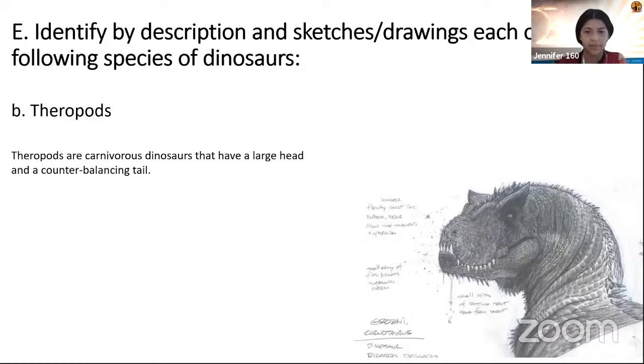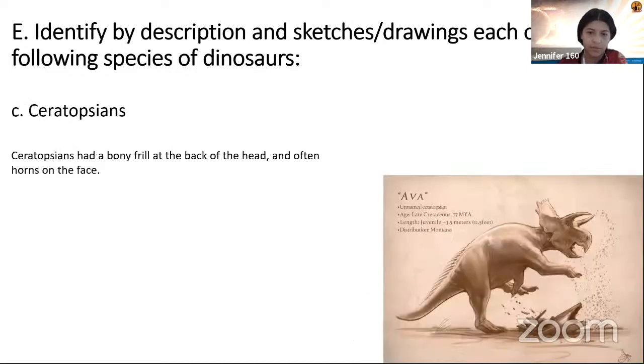Theropods were commonly bipedal, with a relatively large head and a counterbalancing tail. An example would be the Tyrannosaurus rex right here. Ceratopsians had a bony frill at the back of the head and often horns on the face.